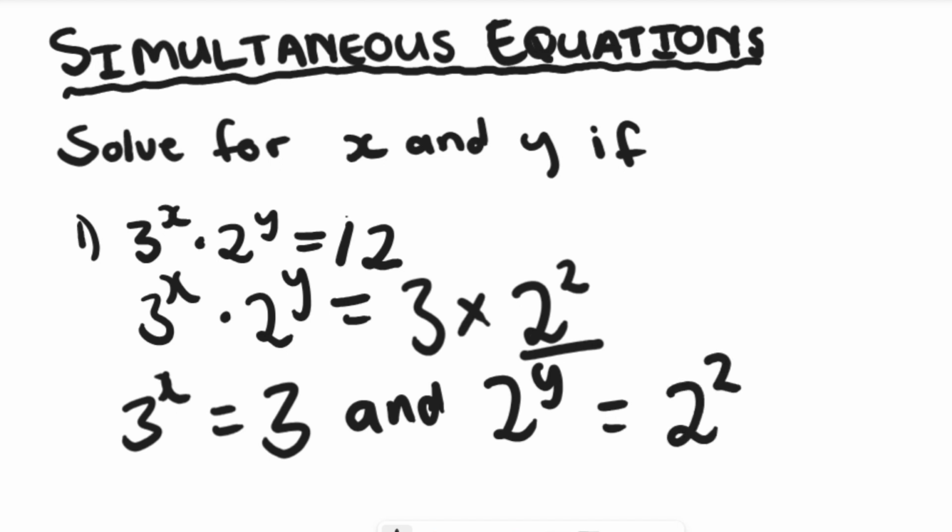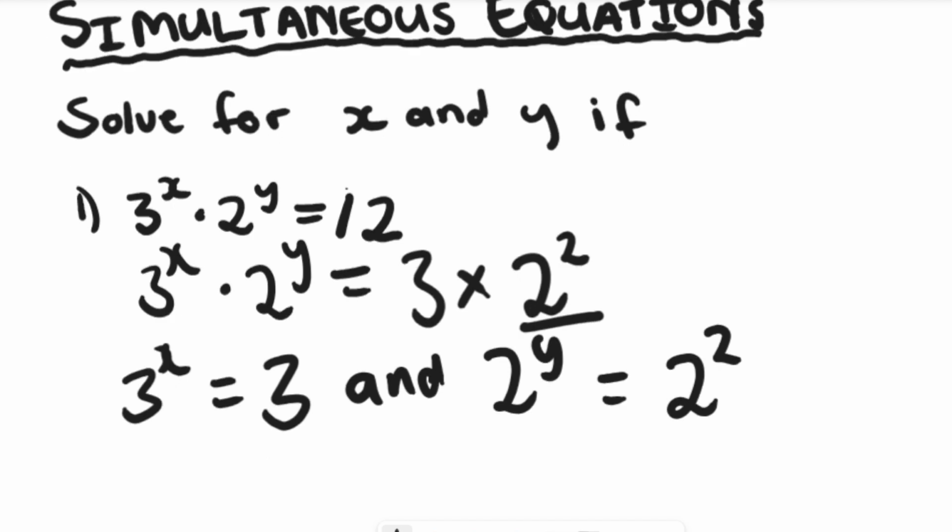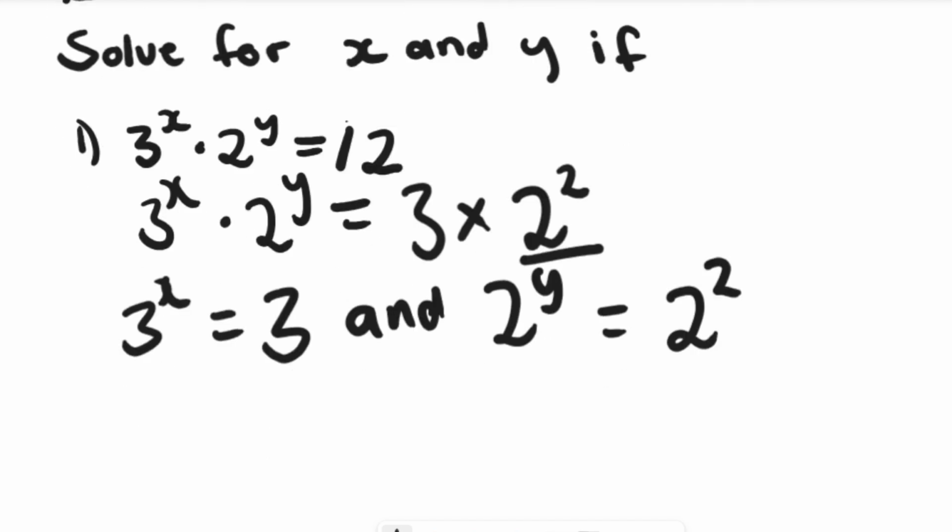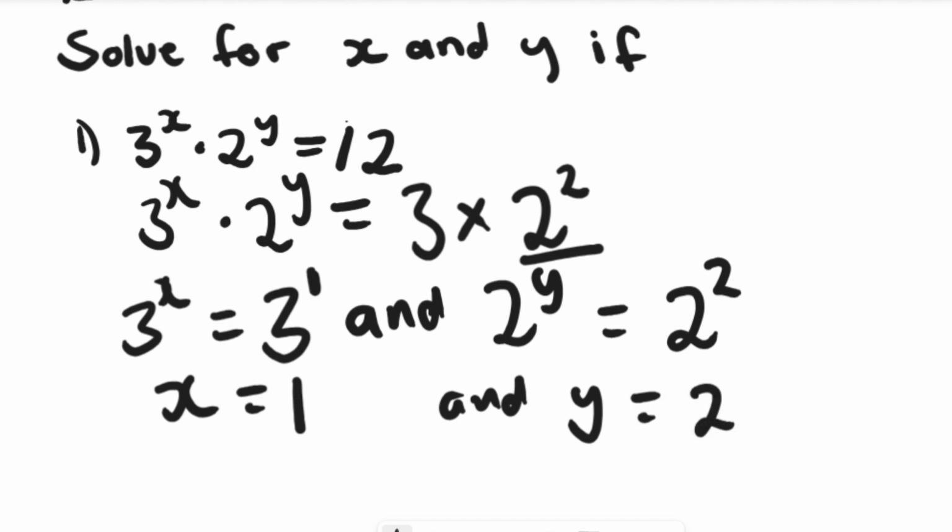Then from here we can conclude that our x is 1 because the power here of 3 is 1, and our y is 2, because if you have same bases you equate the exponents. Okay, same applies to this one. We have same bases, we equate the exponents, that is x and 1. We say x equals 1.